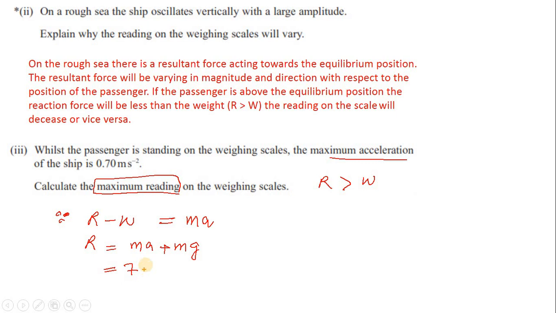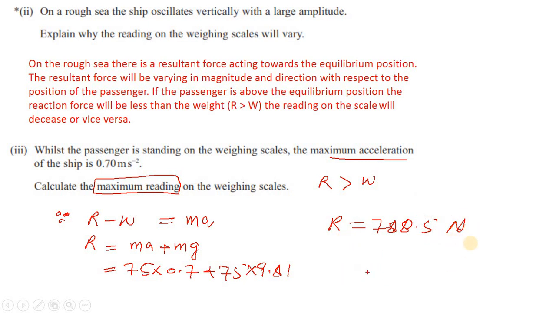You substitute the values. So 75 times the acceleration 0.7, plus 75, which is the mass, times g. If you see the previous part, 75 is given, and g is 9.81. So R would be equal to 788.5 newtons, and this is the weight.